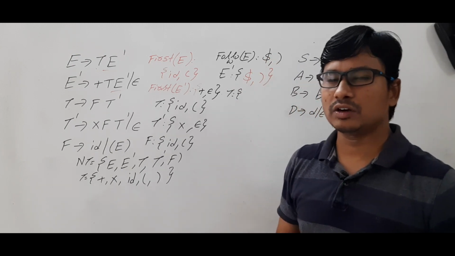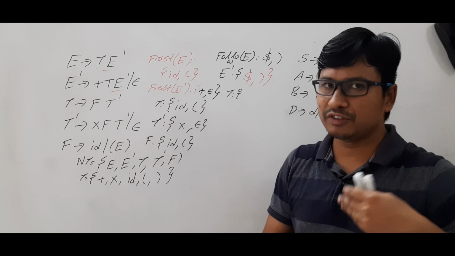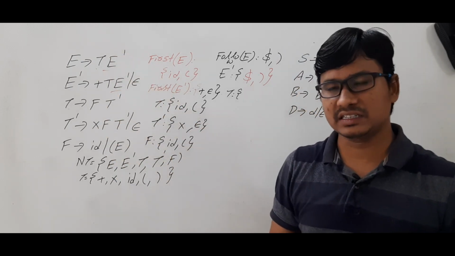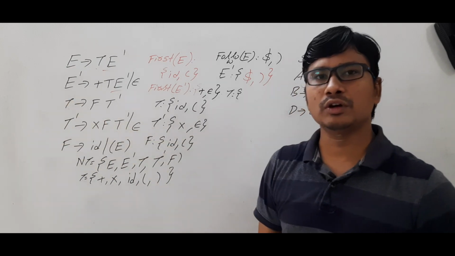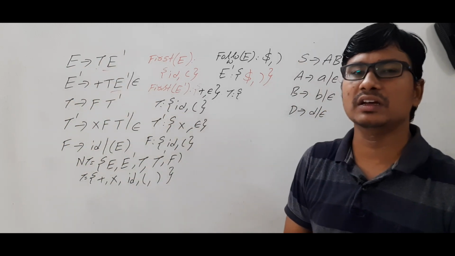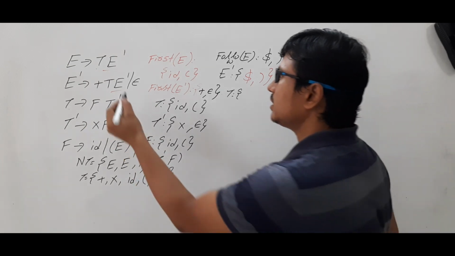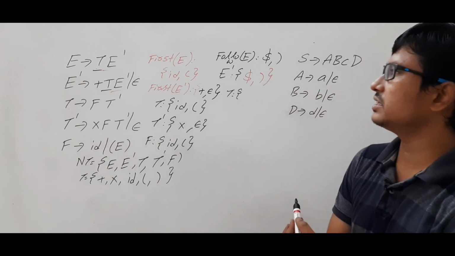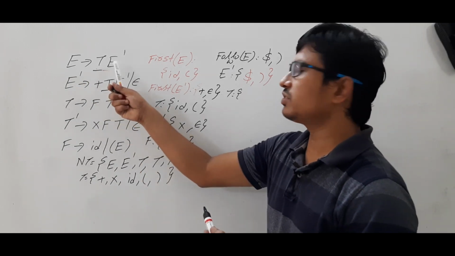Even if it is a start symbol, after putting the dollar, you need to look at where it is there in the right hand side. I want to compute the follow of T, so I need to check where it is there in the right hand side. Here it is there, and here it is there. In two places it is there. So follow of T is what?